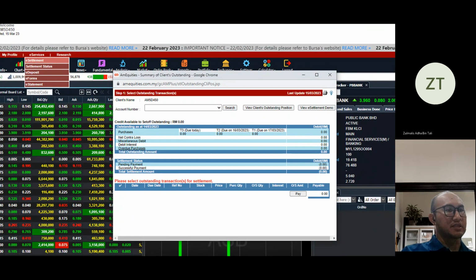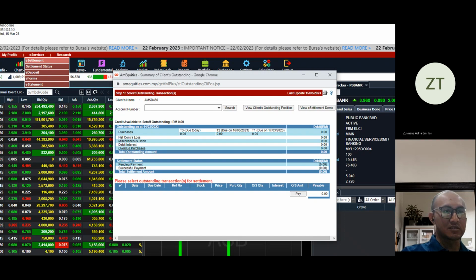In e-settlement, you can see there are T3, T2, or T1. It will show you the actual date that your contract matures. Normally T2 will be the settlement. T3 is the last day, and you need to settle it before 4 o'clock. For any outstanding purchases, it's advisable to make payment on T+2.